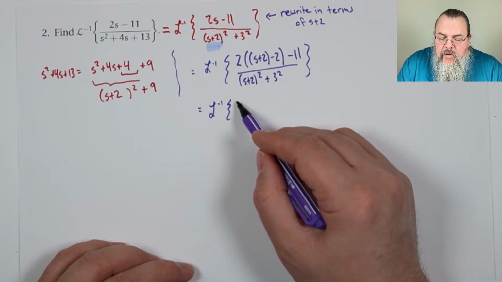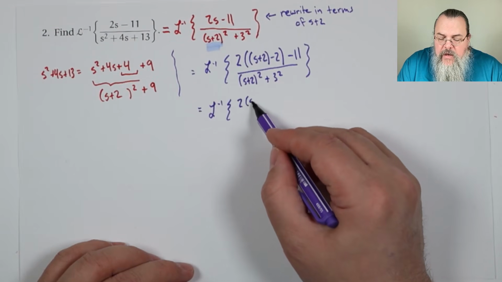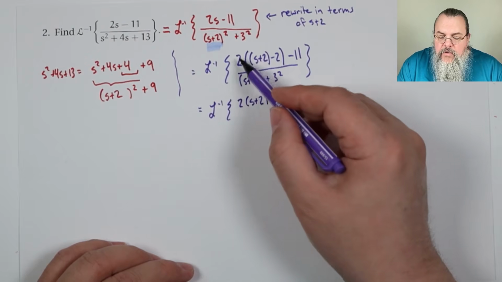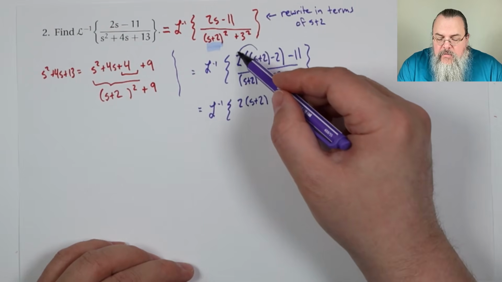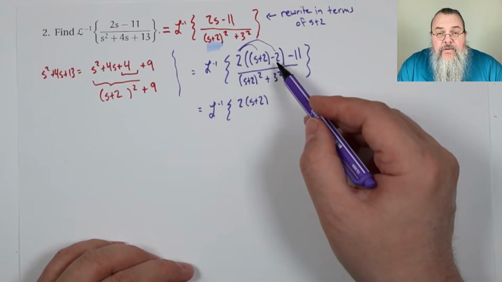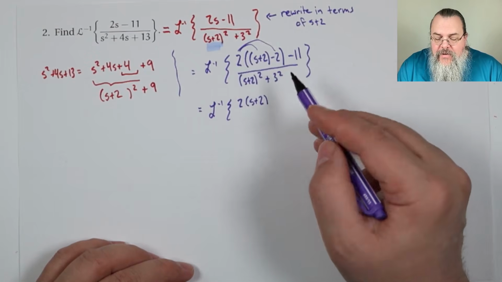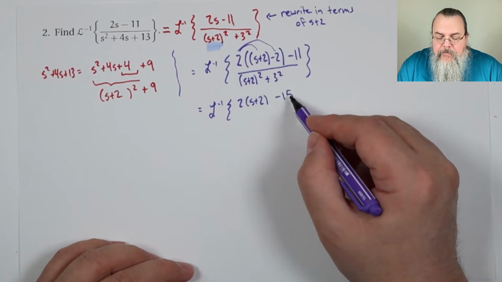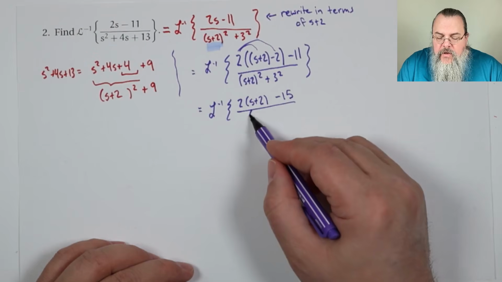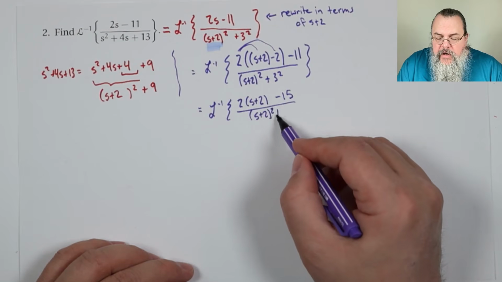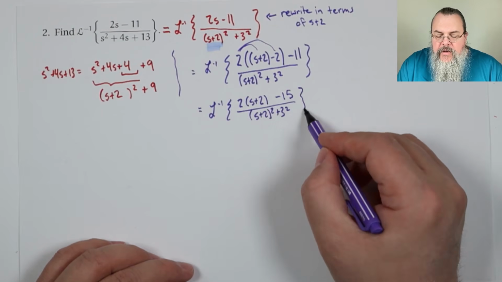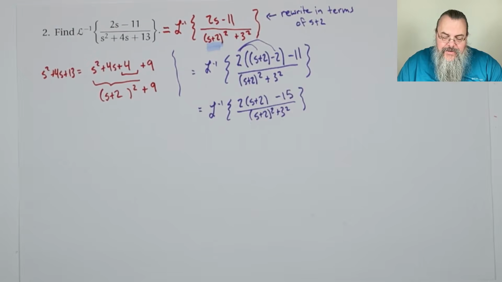Inverse Laplace, we have 2 times (s plus 2 minus 2), because we've got to distribute to both terms. 2 minus 2 is minus 4, minus 11 is minus 15, over (s plus 2) squared plus 3 squared. All right, good. We are doing wonderful. So, what's our next step?